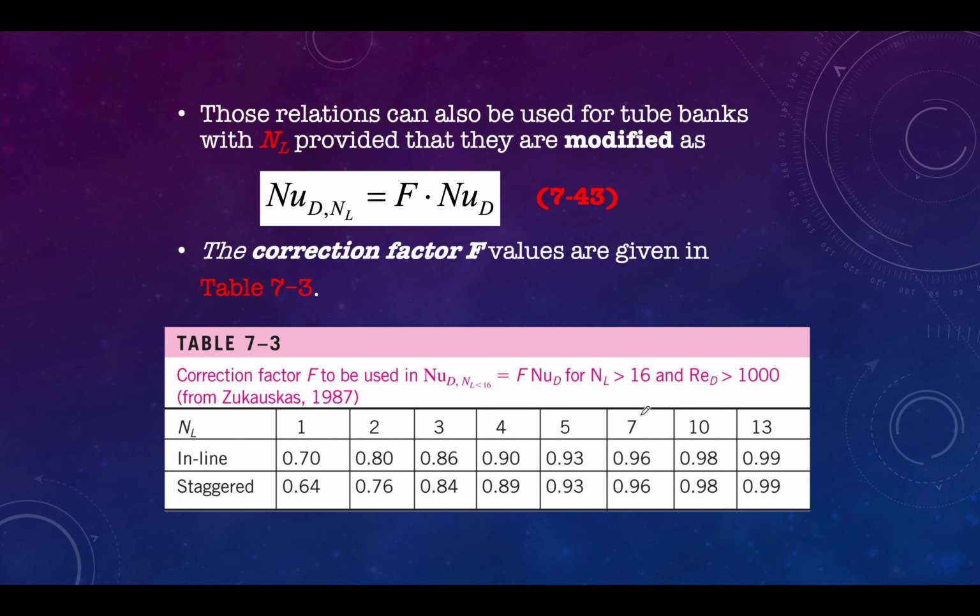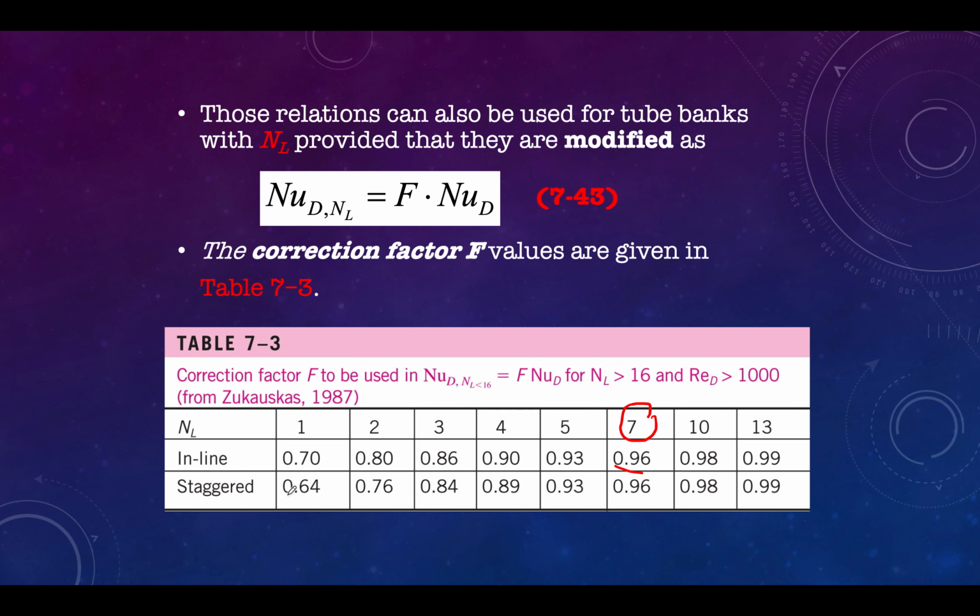This 7 is for your number of rows, and then you multiply your Nusselt number from table 7.2 with 0.96. It is the same as the staggered arrangement.